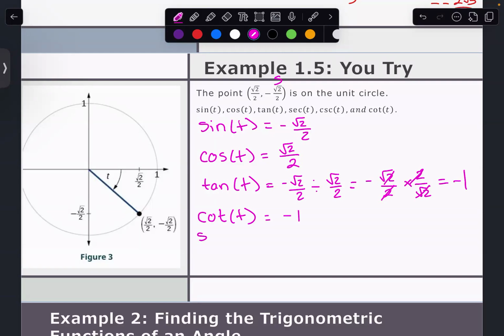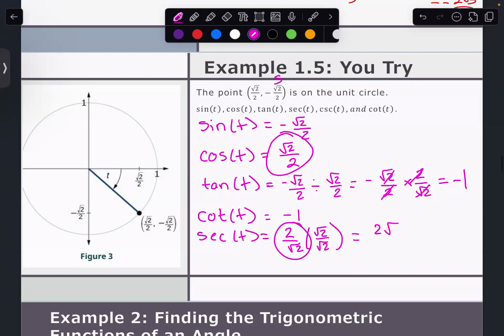And then secant would be the reciprocal of cosine, which is 2 over square root of 2. So I can rationalize that. The way I got that so fast was I just looked at what cosine was and I flipped the fraction. So now I'm just rationalizing.